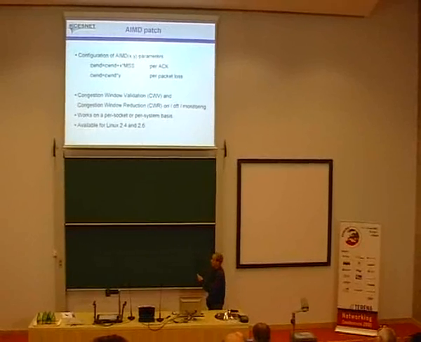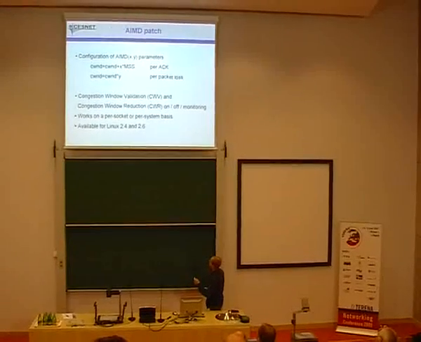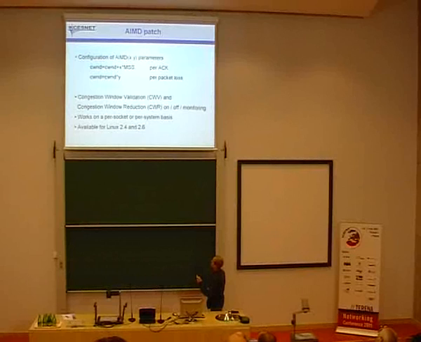As we already heard this session, congestion window in TCP increases linearly after receiving each acknowledgement packet, and it's decreased multiplicatively when packet loss is detected.